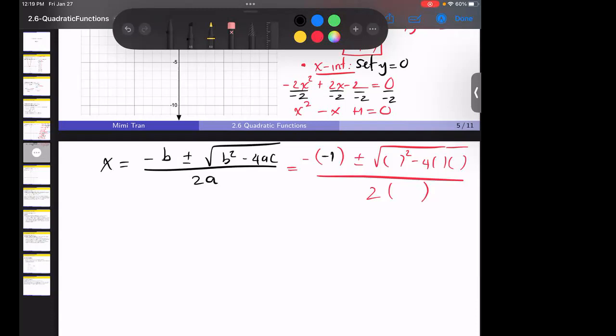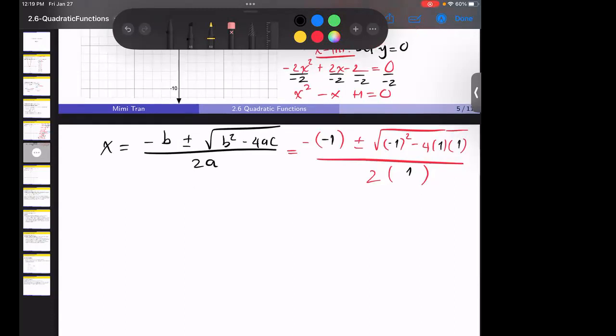Negative 1, negative 1, 1, 1, 1. B is negative 1.